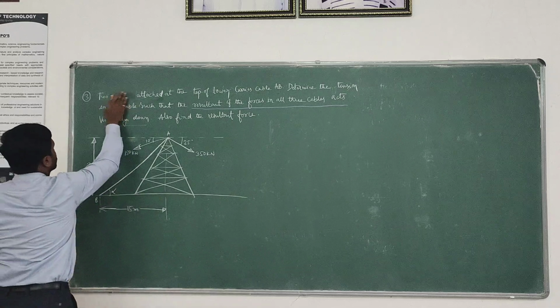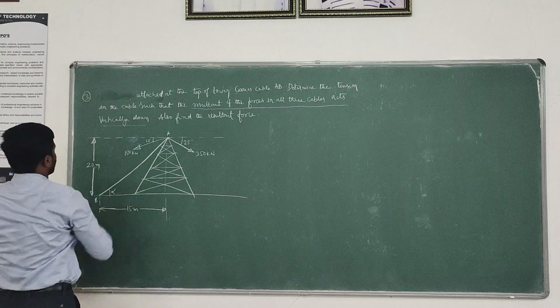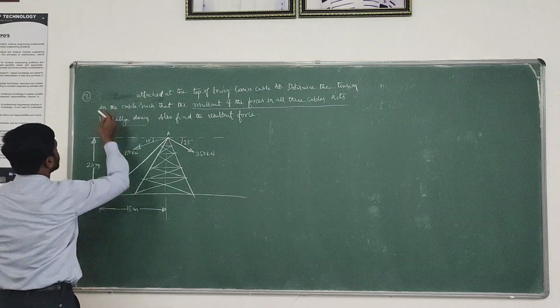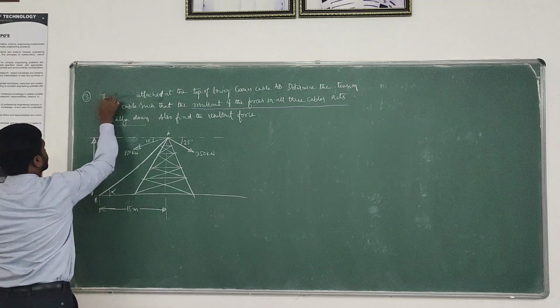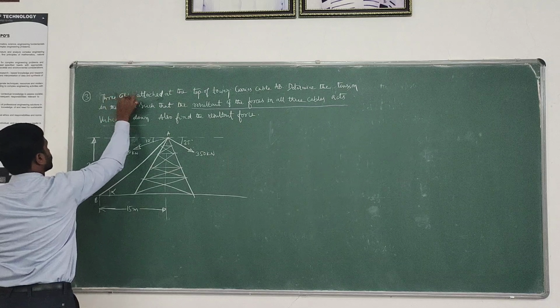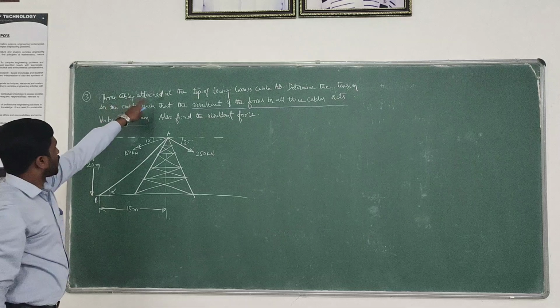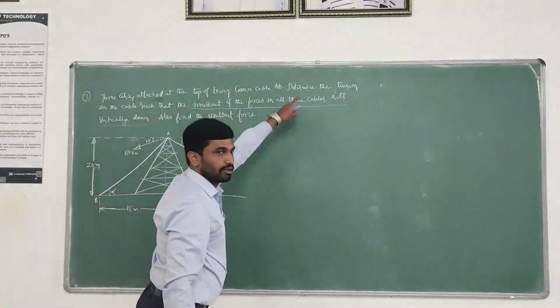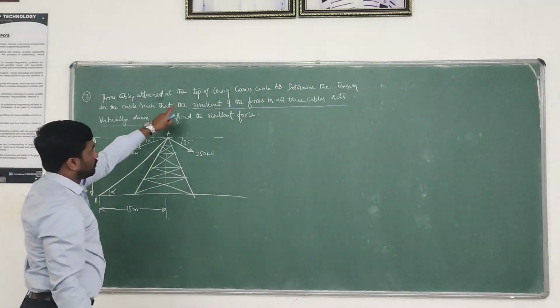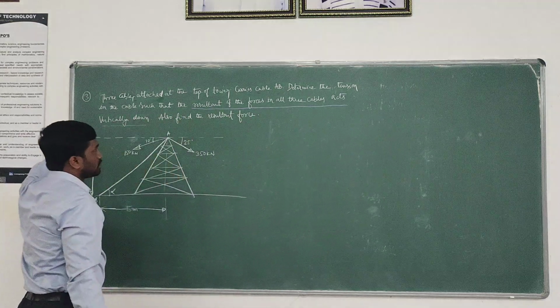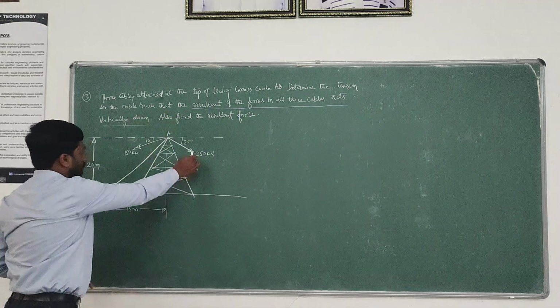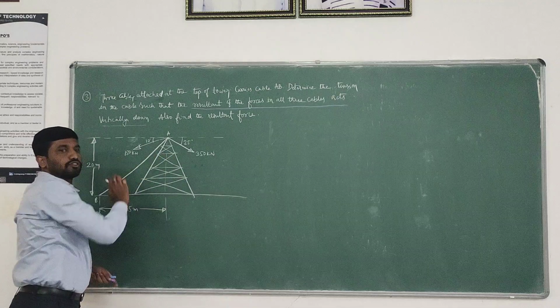Now this particular point has three cables: 1, 2, 3, attached at the top of the tower, that is AB. Out of the three cables, two cable forces are known.